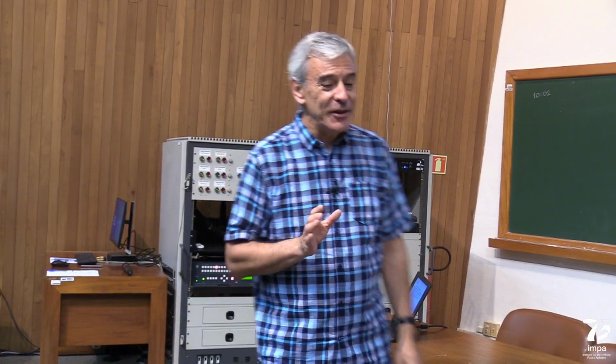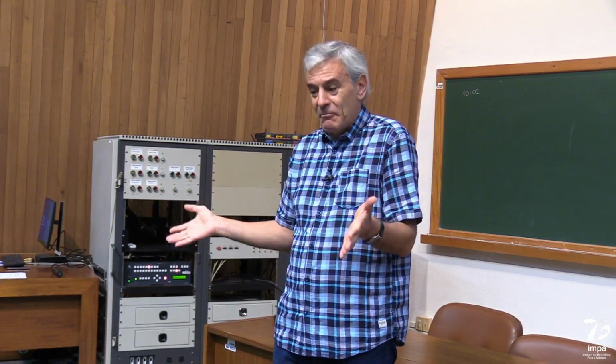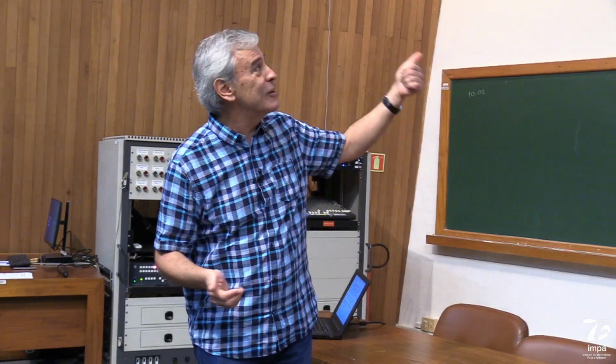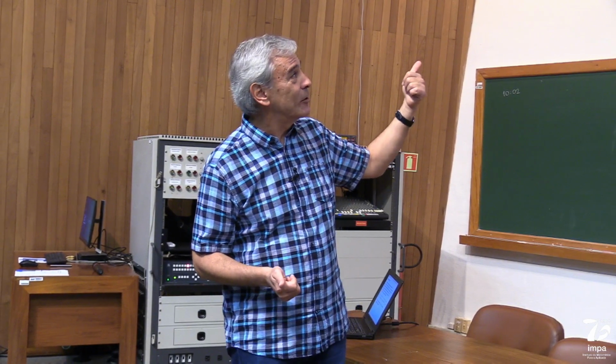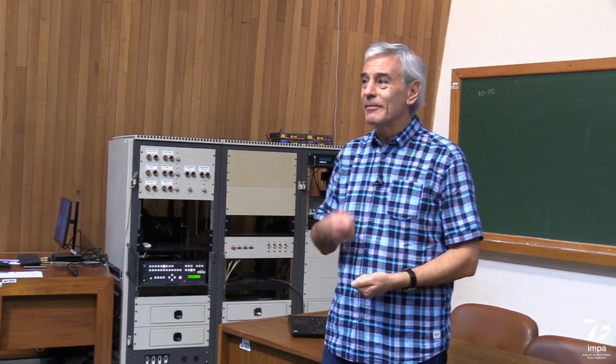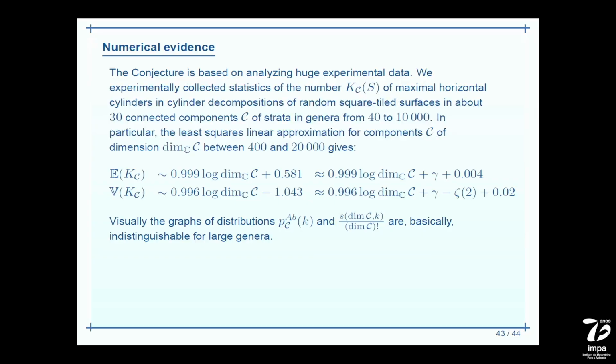The conjecture is when you elaborate, for example, a smart computer experiment, and then you run this computer experiment. So here, when I am saying conjecture, it is approximately 2 years of CPU time of my computer, and experiments with different strata and different surfaces.